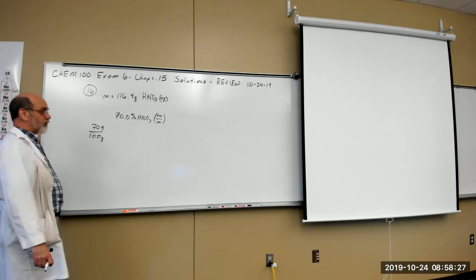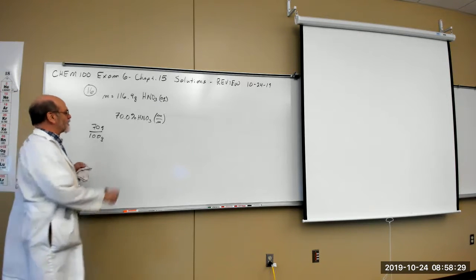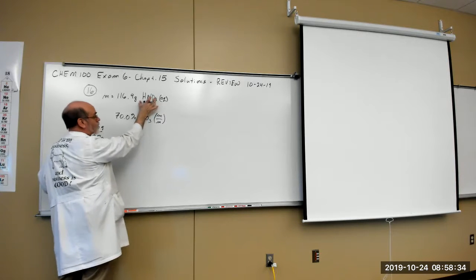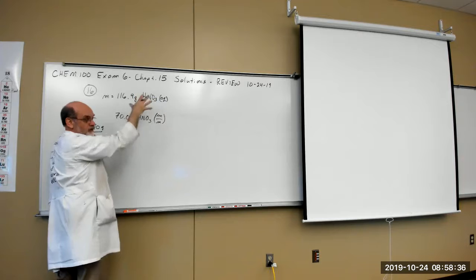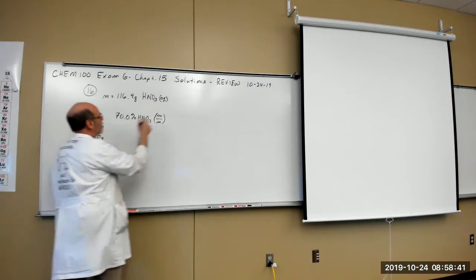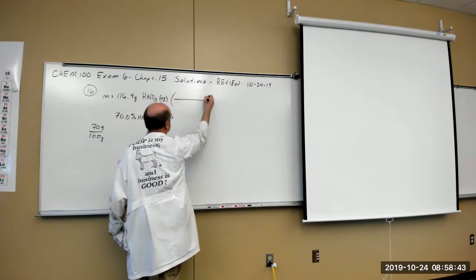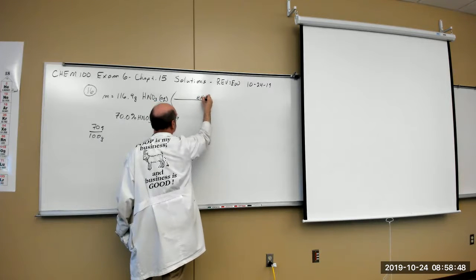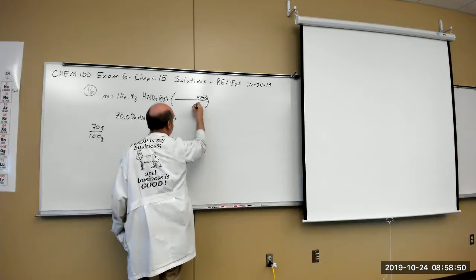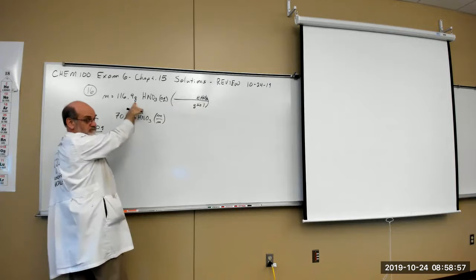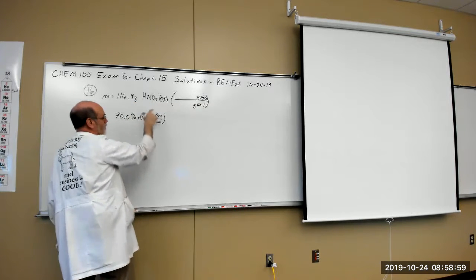Okay, in order to know how many moles, we have to separate out the actual mass of nitric acid, HNO3, from the solution, right? So if it's 70%, then we can convert mass of HNO3 per mass of solution. This is the mass of the solution, and this is HNO3.